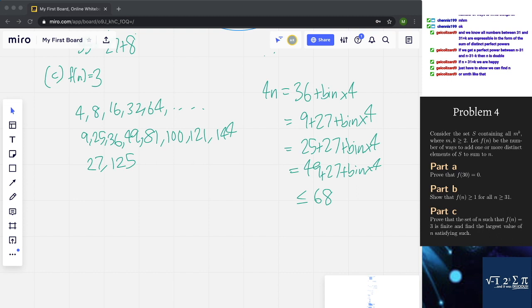So for 4n plus 1, I can write this 9, 25, 9 plus 36, and 25 plus 36. I'm not even going to write the binary. 9 plus 36, 25 plus 36.